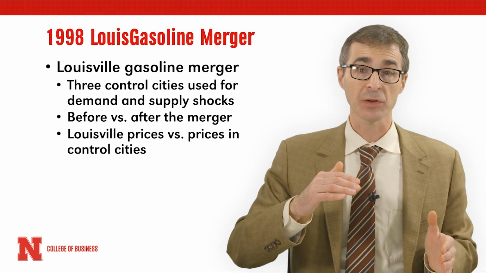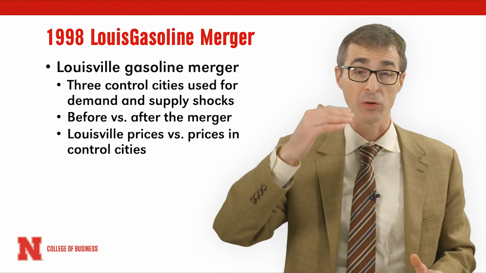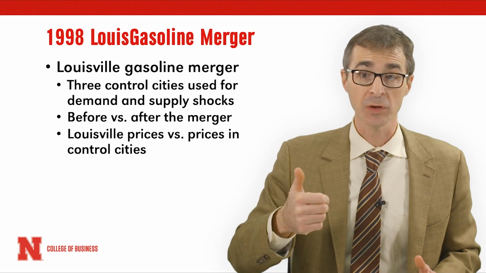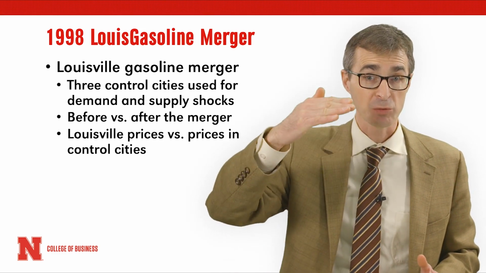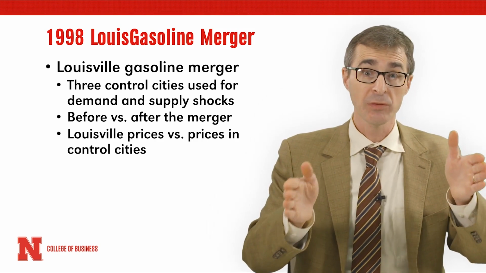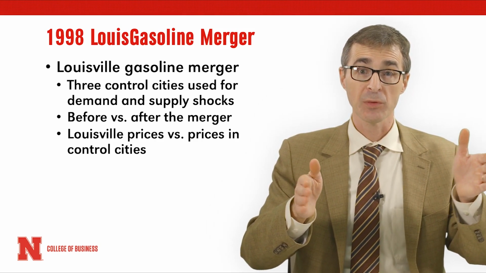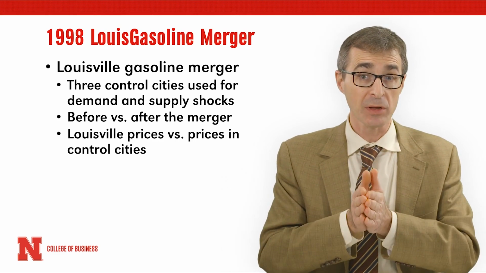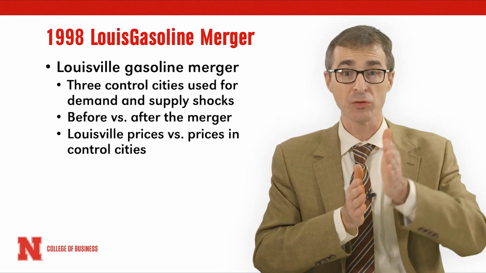Then they compared those differences across cities. And so for each of the three control cities, Houston, Arlington, and Chicago, they subtracted their pre-minus-post difference from the Louisville pre-minus-post difference. So they calculated really three diff-in-diff estimators, comparing Louisville separately to three different control cities.